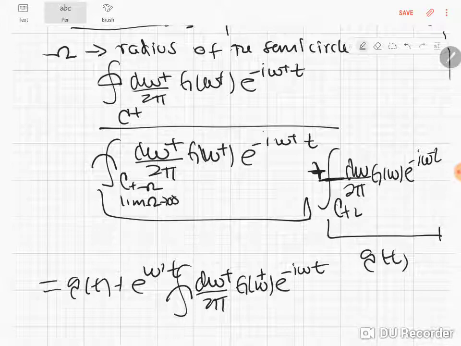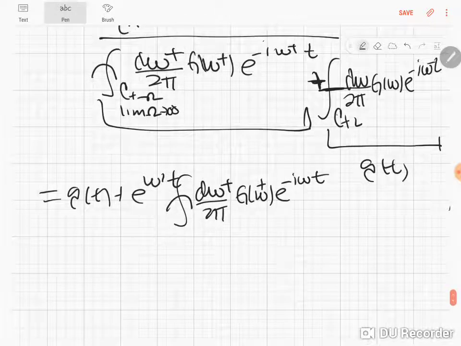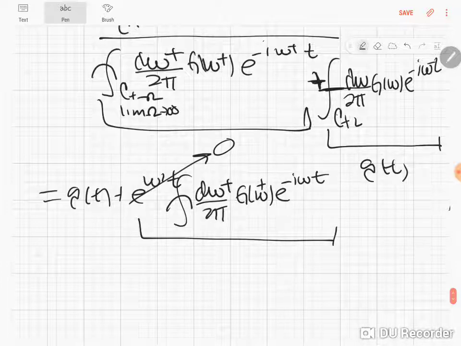And this part here we know is 0, because this factor tends to 0 under the given condition, so this is just equal to g of t.